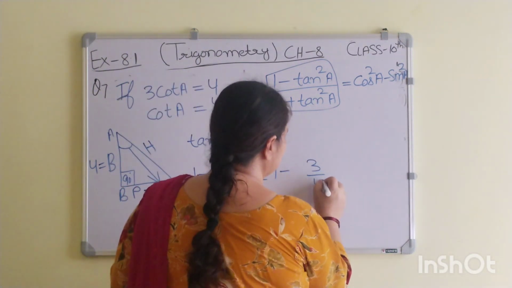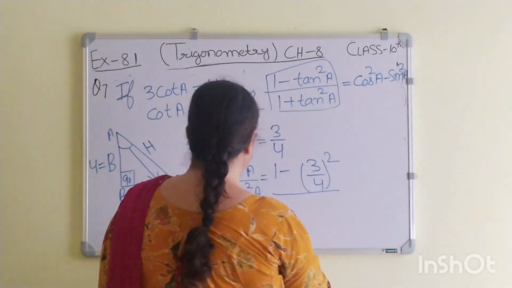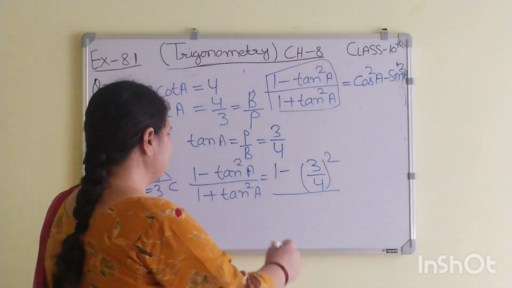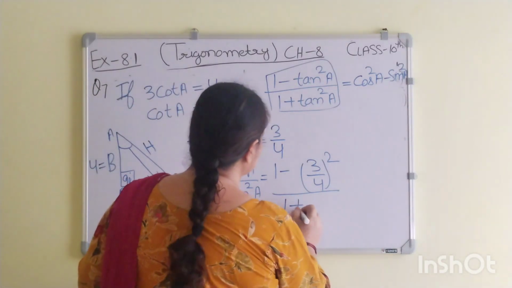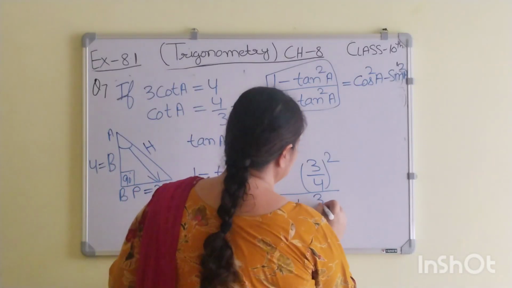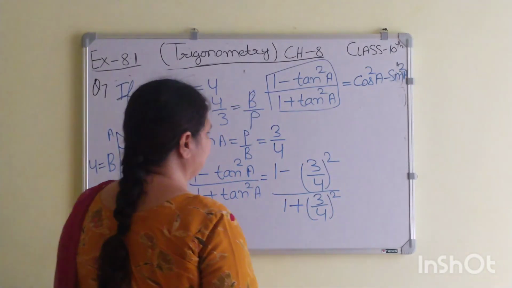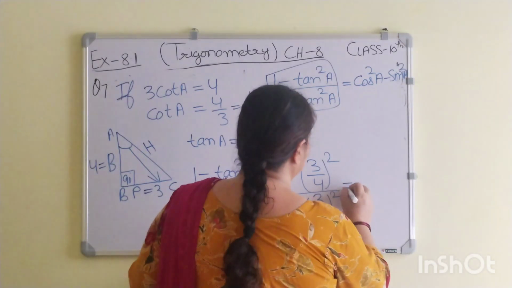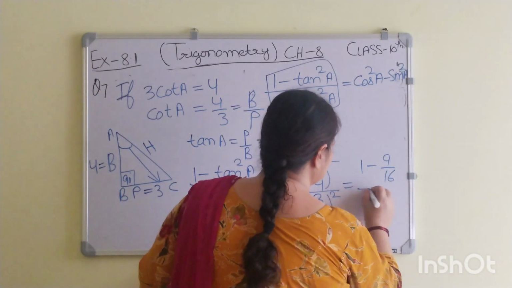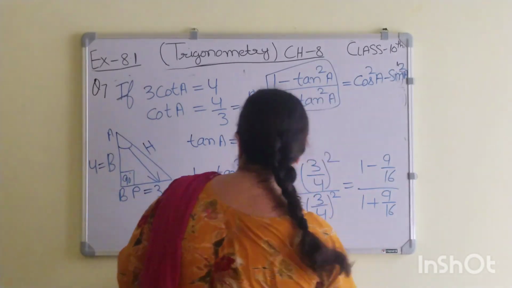So (3/4) whole square in both. Here 1 minus 9/16 upon 1 plus 9/16.